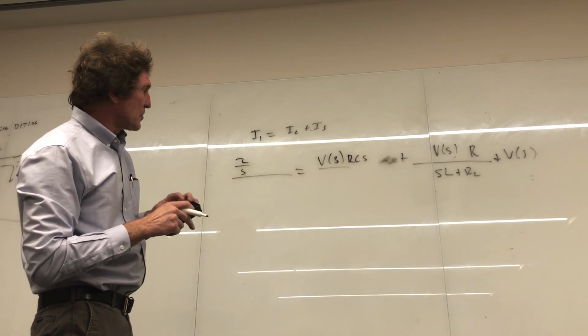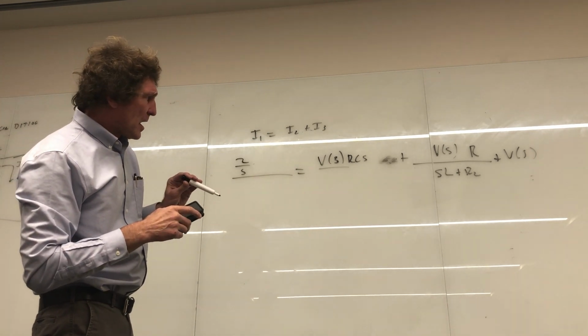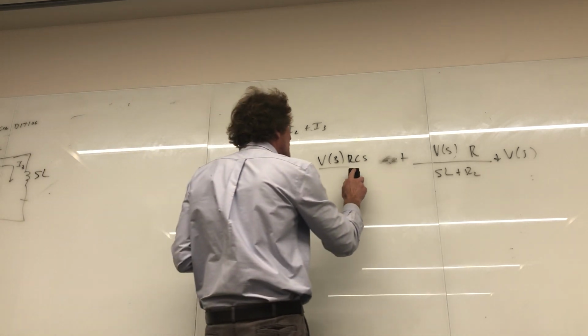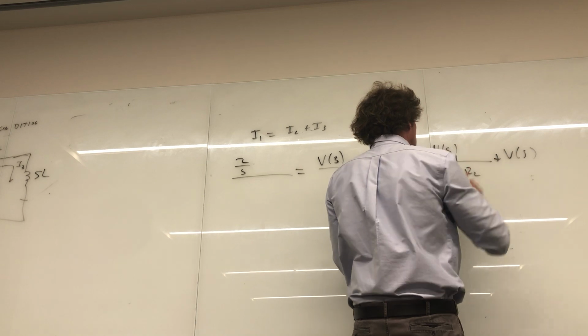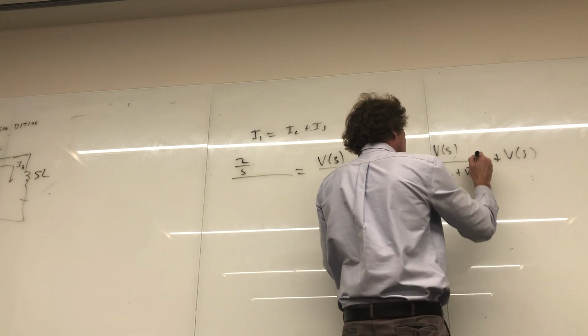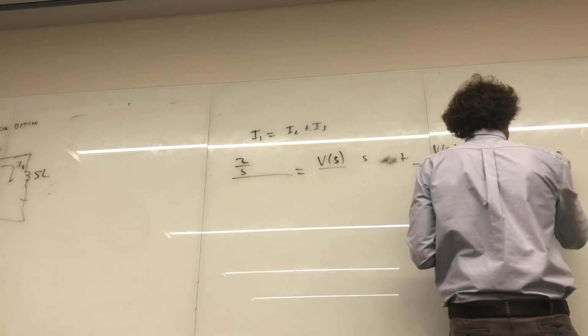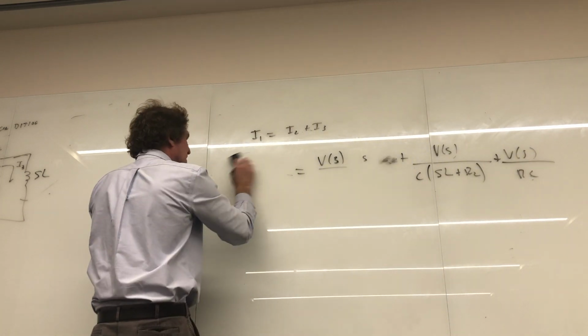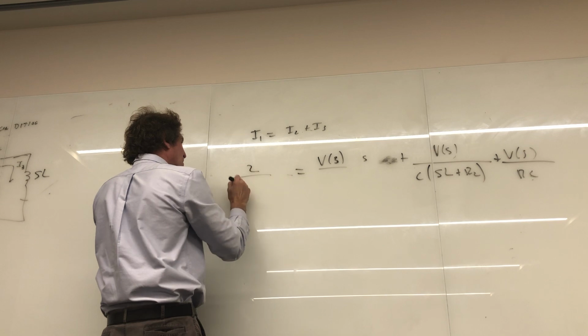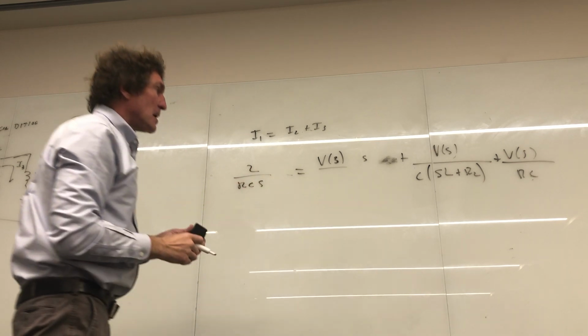But before I do, I'm going to divide everything by RC. So that gets rid of that, and I get a 1 over C here. And then I divide this by RC, and I divide this by RC. So it's 2 over RCS.